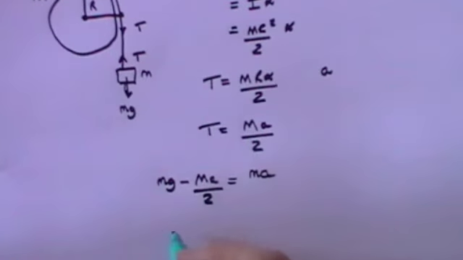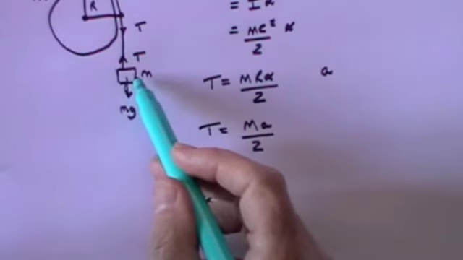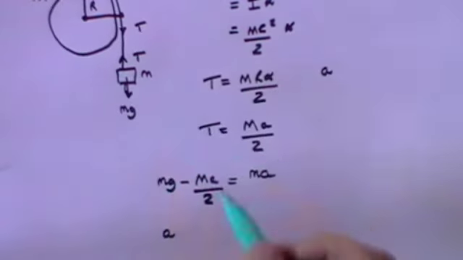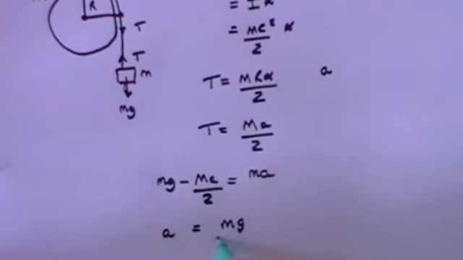And that means that the acceleration that this little mass will have going down is going to be mg divided by little m plus capital M over 2.